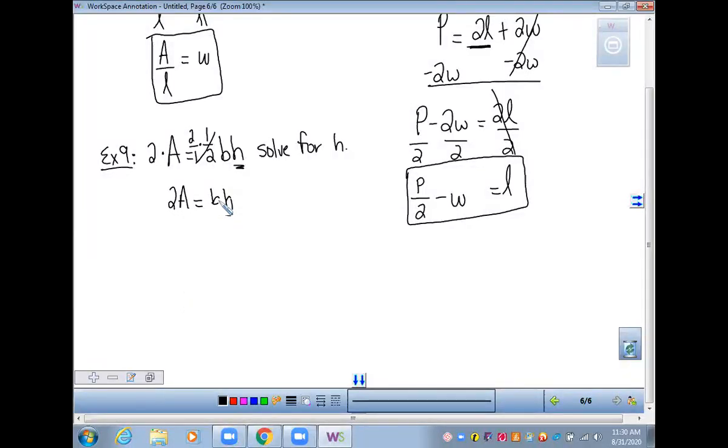All right, what is it? Divide, right? This is multiplication. It's B times H. So to get rid of that B, I want to divide both sides by B. So we get H equals, are A and B like terms? No, so we're just going to leave it as 2A over B.